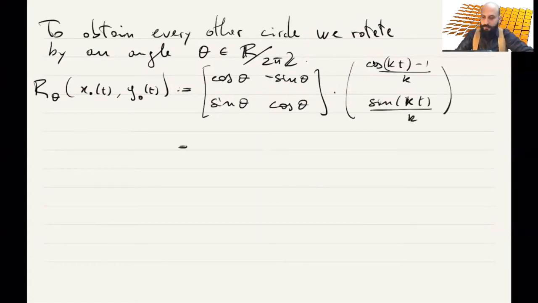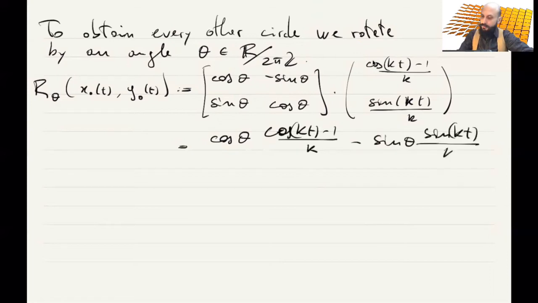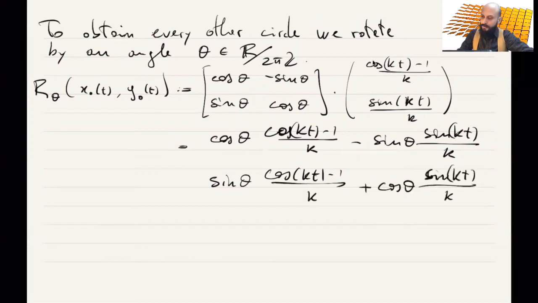We perform this matrix product: cos theta times cos kt minus 1 over k minus sin theta sin kt divided by k, and then sin theta times cos kt minus 1 divided by k plus cos theta sin kt divided by k. Right, so these are 2 by 2 vectors. Okay, so these are the circles on the plane.